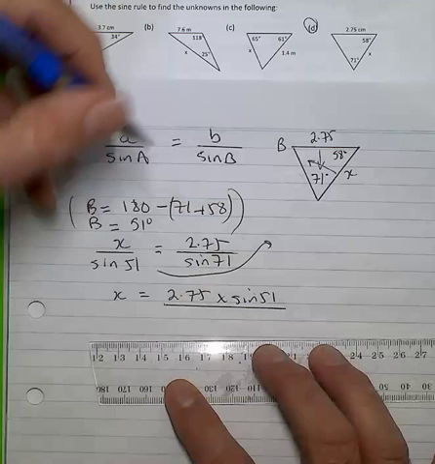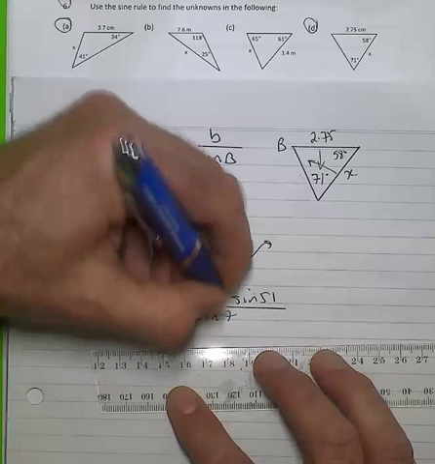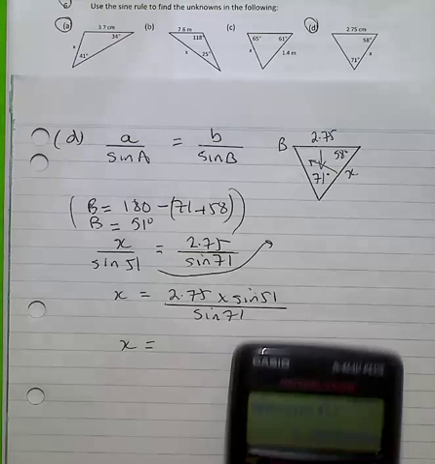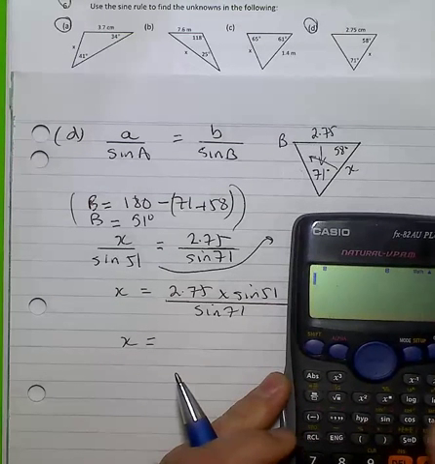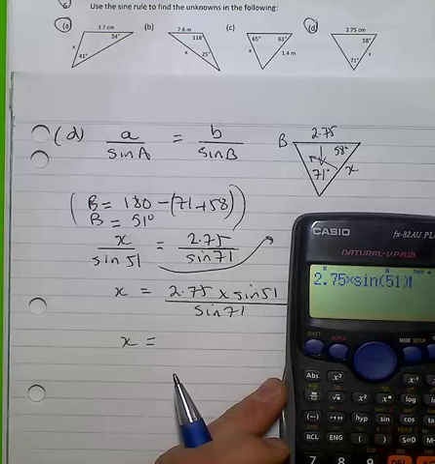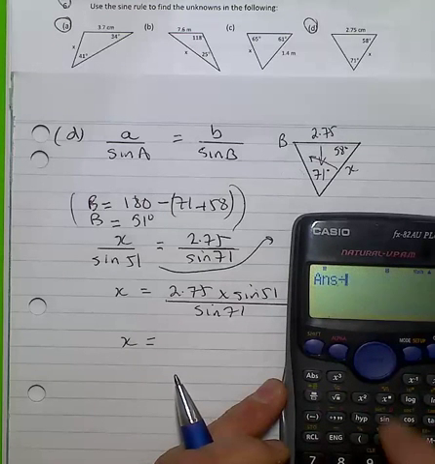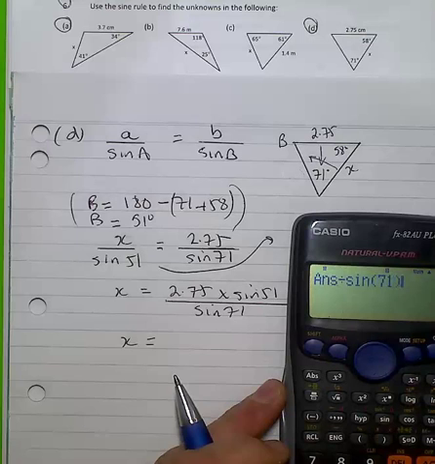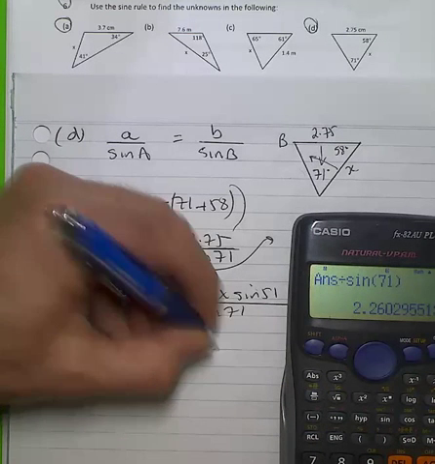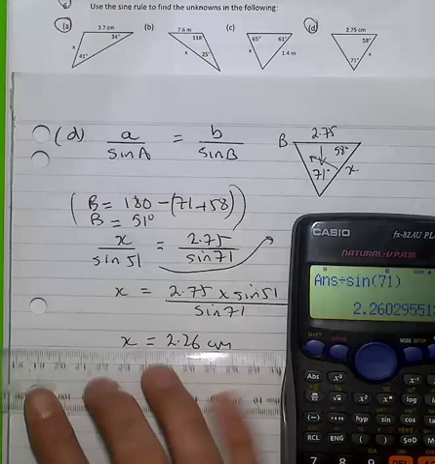The inverse of division is multiplication. Do the numerator first, and then divide that by the sine of 71. So I get 2.26 centimetres as my answer.